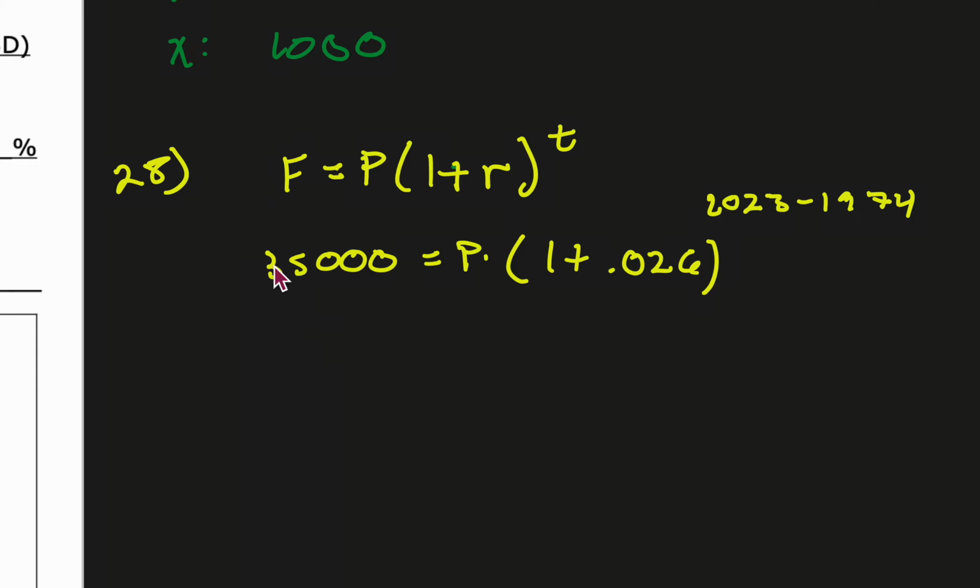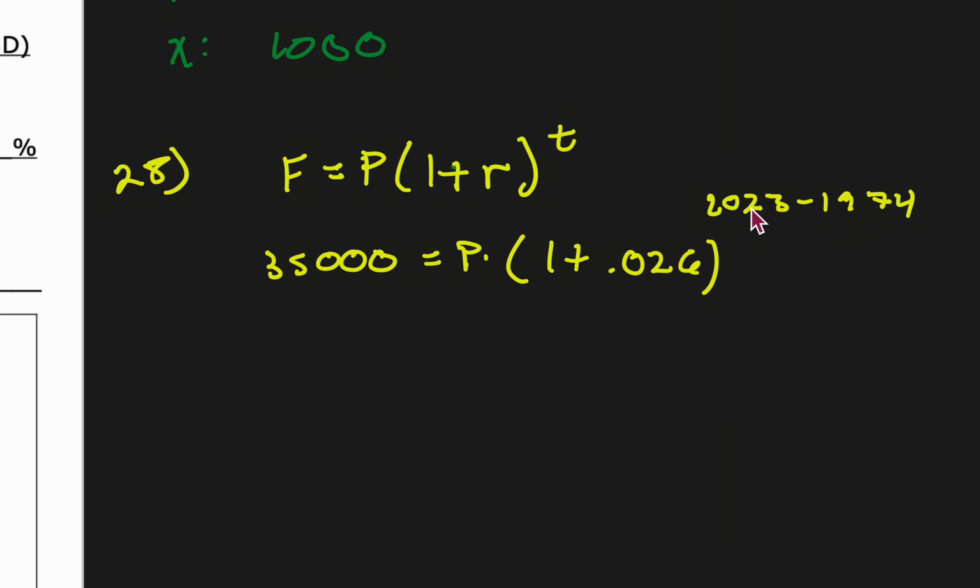In this case, we have the future value of $35,000 in 2023, and we started out in 1974. We're going to try to find the principal. The important thing is we write the rate as a decimal. We move it over 2 times from 2.6%, 1, 2, that's 0.026. And for the time involved, you take the years and you subtract them.